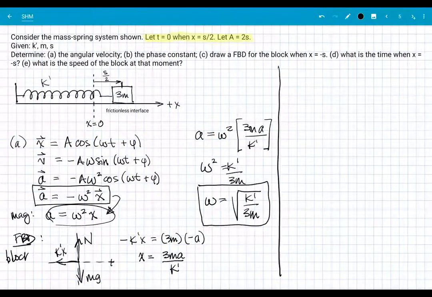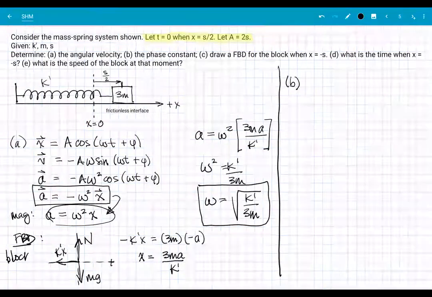Part B asks us here for the phase constant. And remember, the way I want you to think about this conceptually is that phi in our equation is really about reflecting where the clock starts. That's it.